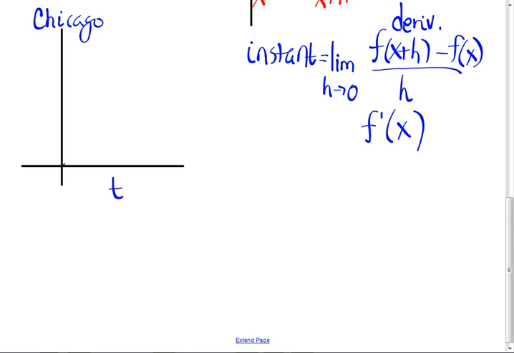And you're going to start off, you're going to go constant speed for a while, and then you're probably going to stop. Hopefully you're not going to go backwards. And go for constant speed, and then you might end up over here someplace. This is Chicago. Just to make life easy, we're going to say it's 400 miles. And we're going to say it took us 8 hours to get there.